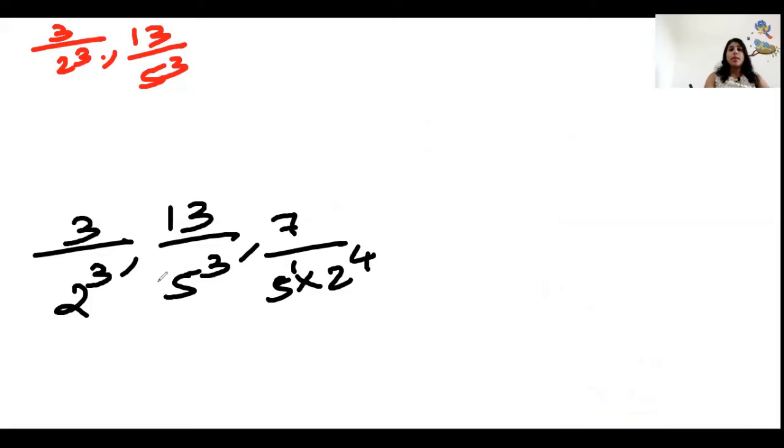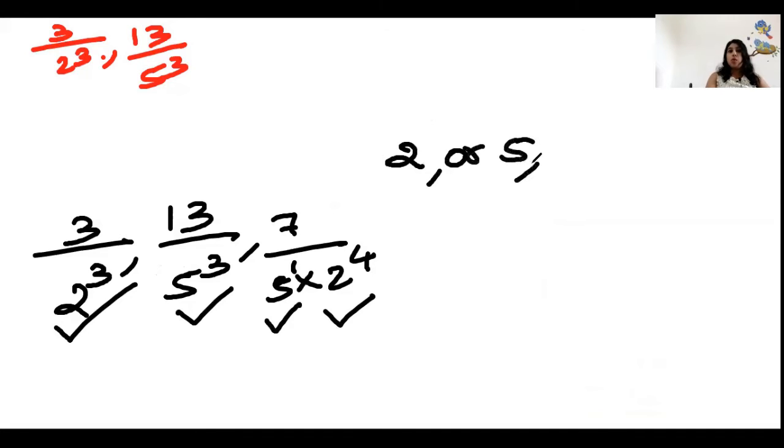Can I find any peculiarity in the denominator of these numbers? Yes, either 2 raised to some power is there, otherwise 5 raised to some power is there, otherwise both 2 and 5 are there.